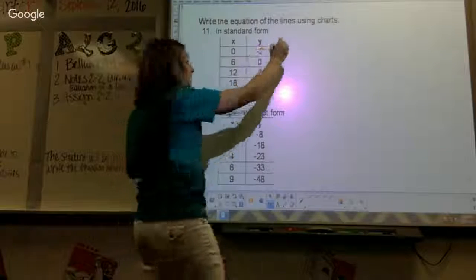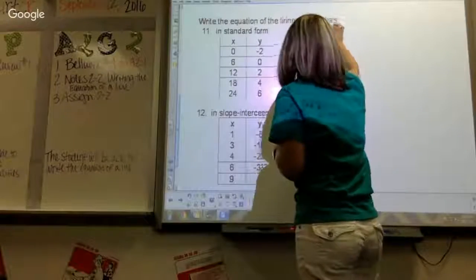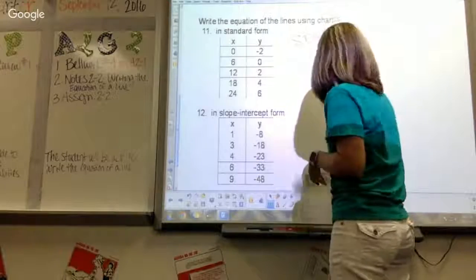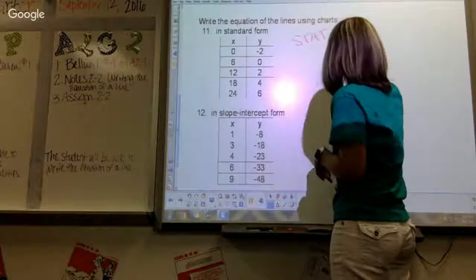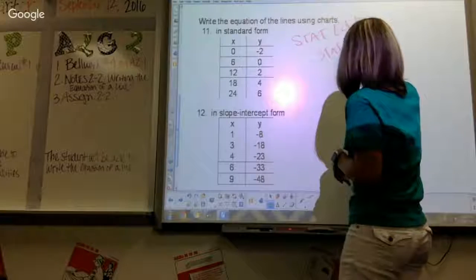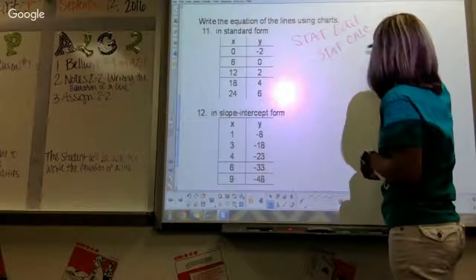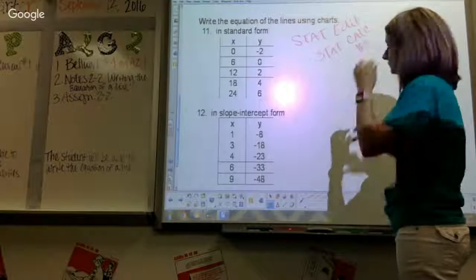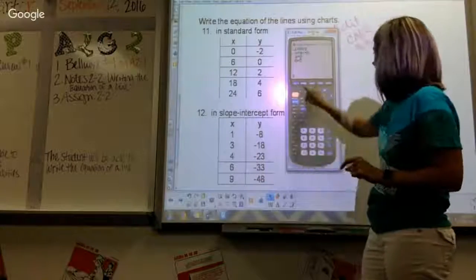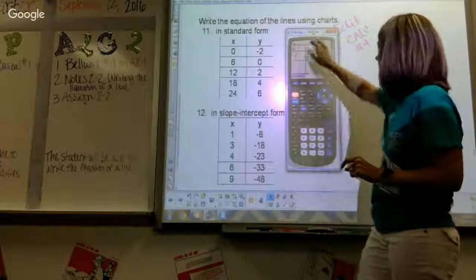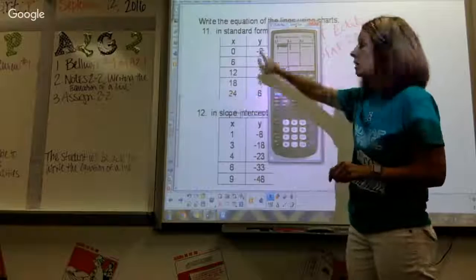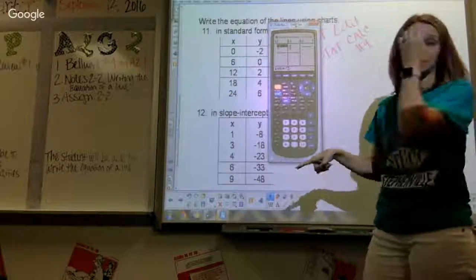Okay, so stat, edit, and then stat, calc, number 4. I'm going to go to stat edit. My x values, I'm going to type in L1. My y values in L2.